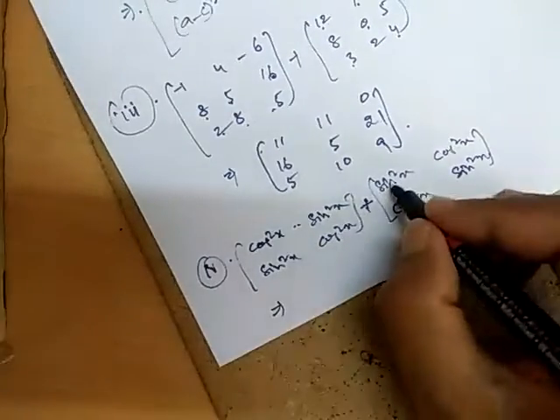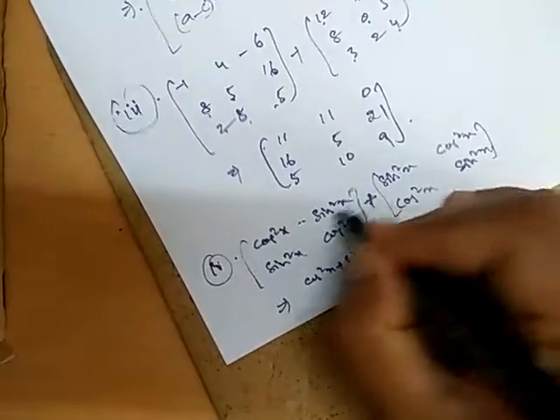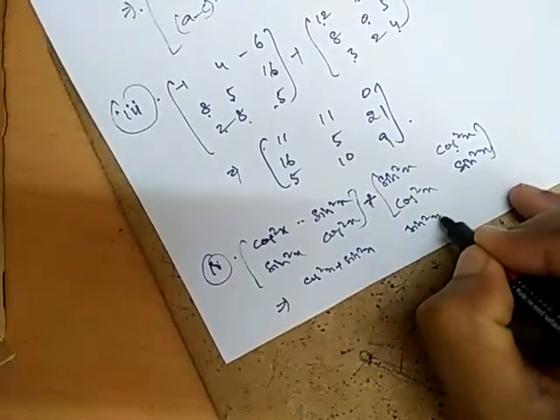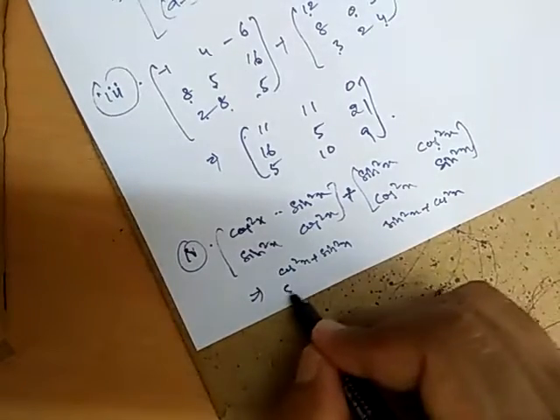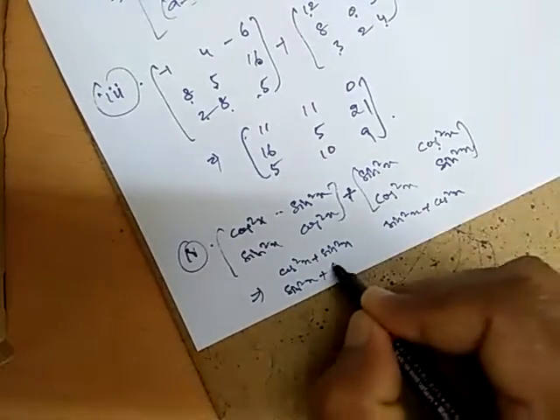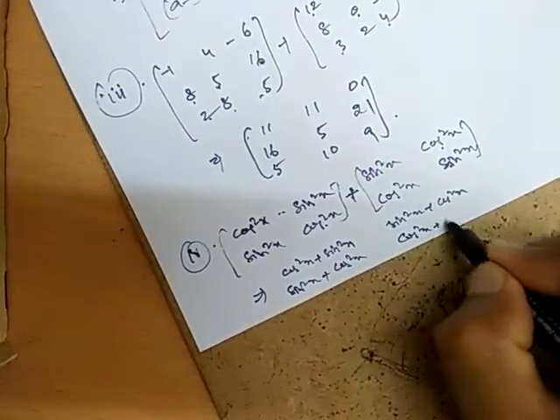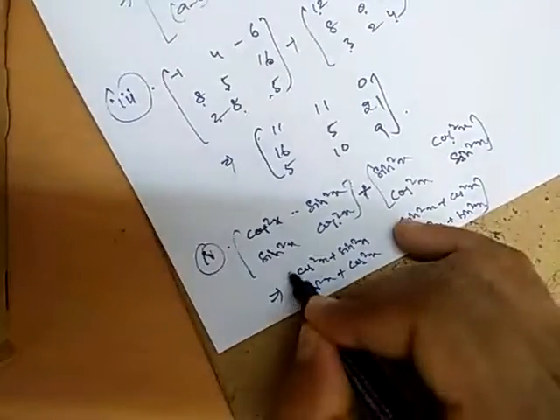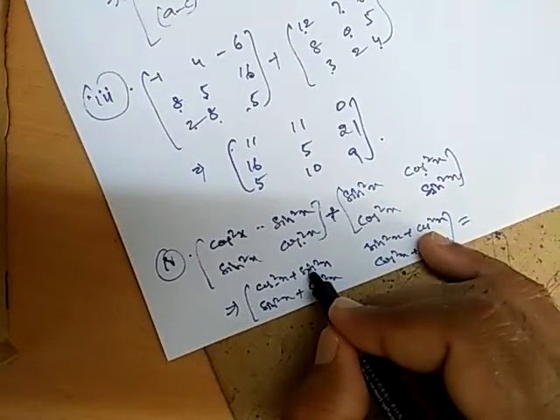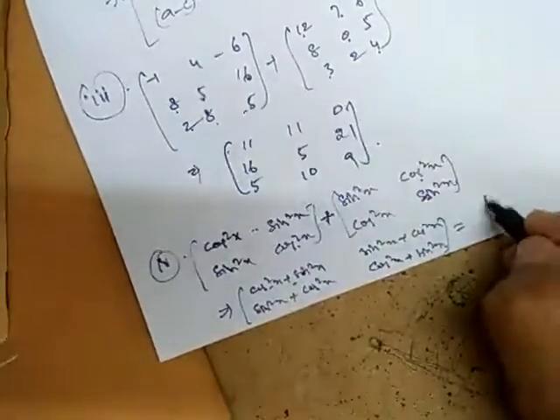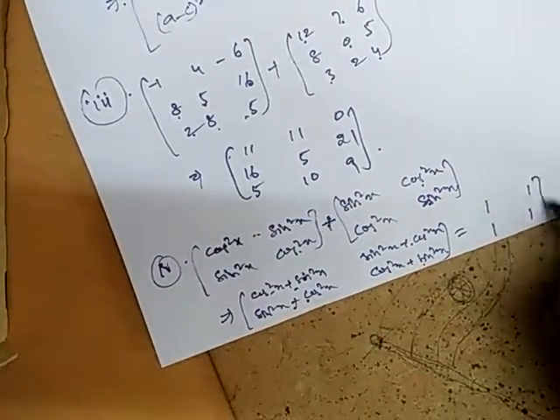So cos square x plus sin square x, sin square x plus cos square x, sin square x plus cos square x, cos square x plus sin square x. We have the identity sin square x plus cos square x equals 1. So that is 1, this is also 1, this is also 1, this is also 1. This is the final answer.